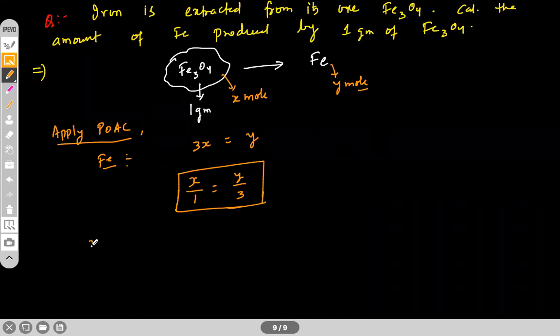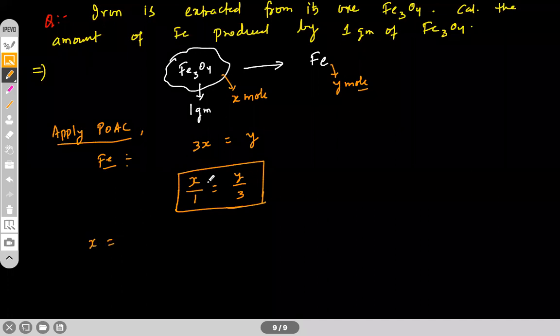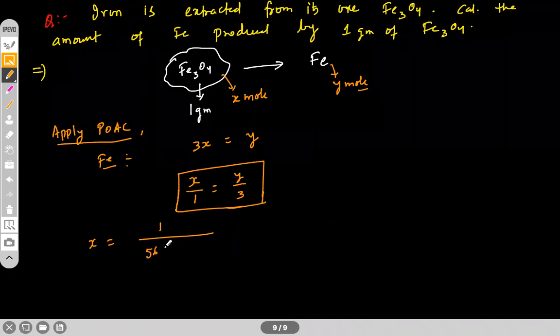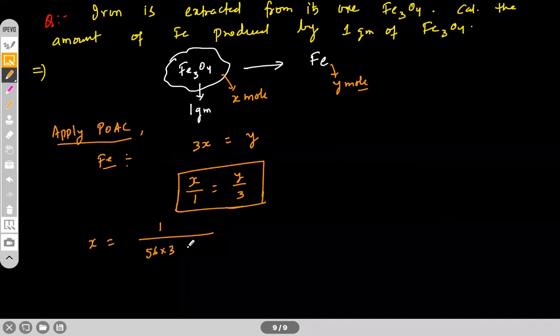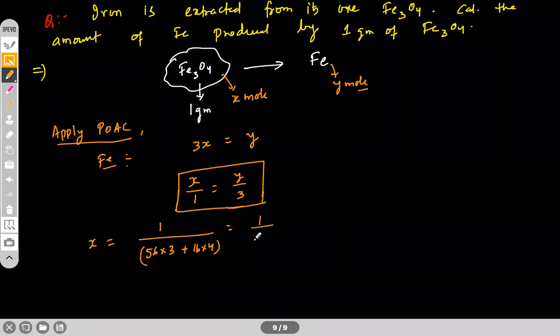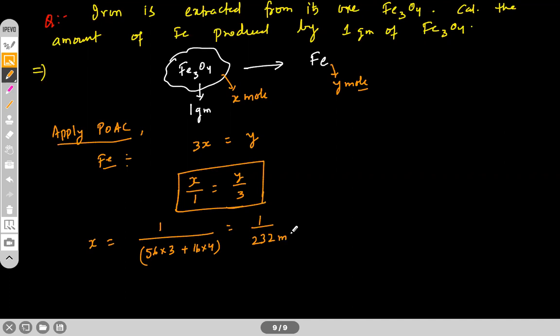So X equals the number of moles of Fe3O4, which is 1 (given mass) divided by the molecular mass of Fe3O4, which is 56 into 3 for iron, plus 16 into 4 for oxygen, and that will be 1 divided by 232 moles.